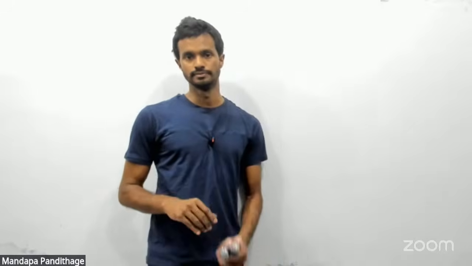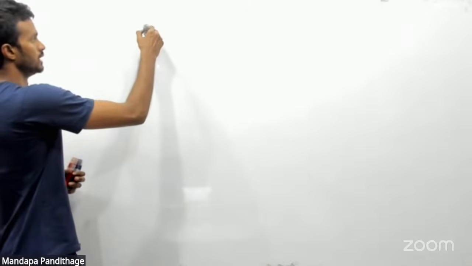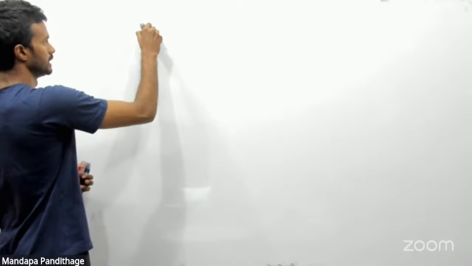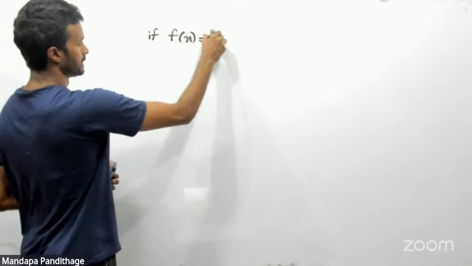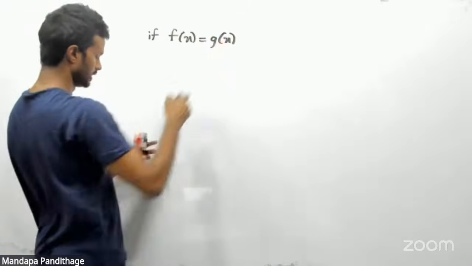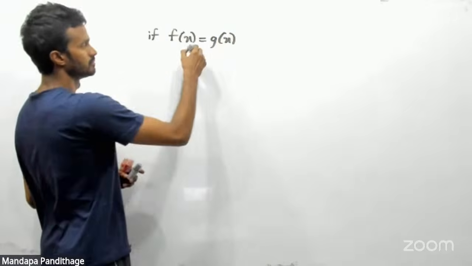If I want to talk about the equality or similarity of two polynomials, they should be in the same category. How do we categorize a polynomial? Based on its degree. So if two polynomials are equal, if fx is equal to gx, then they should have the same degree.